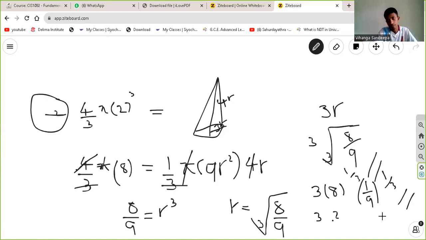Then you can simplify and get the answer. This is the answer.